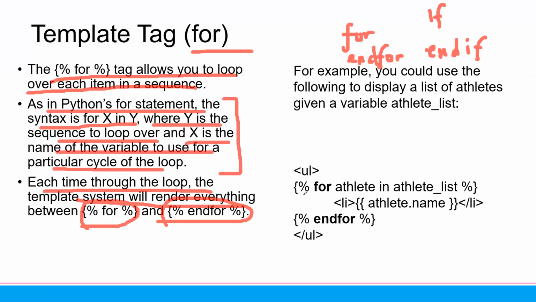So for example, this one, for an athlete in the athlete list, I want to check the name. So the athlete name will be shown, and then we should finish with the end for.